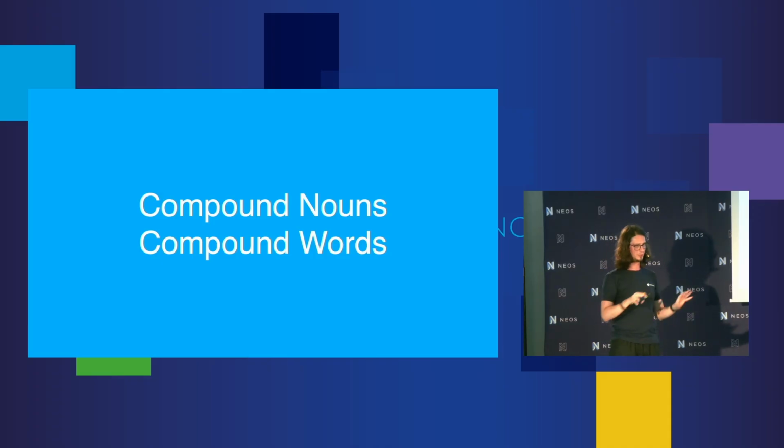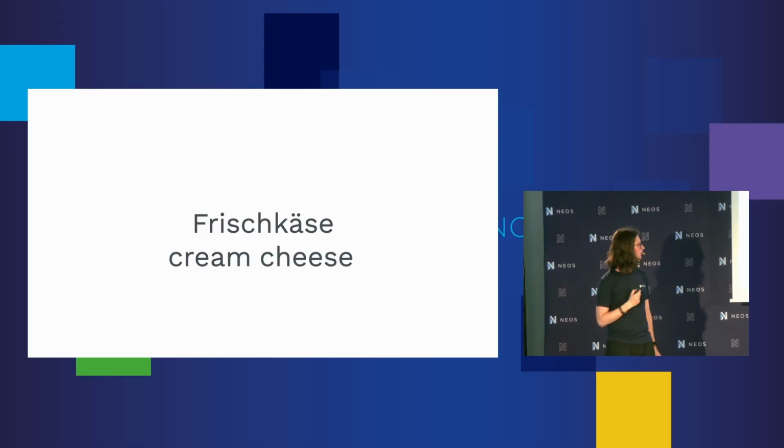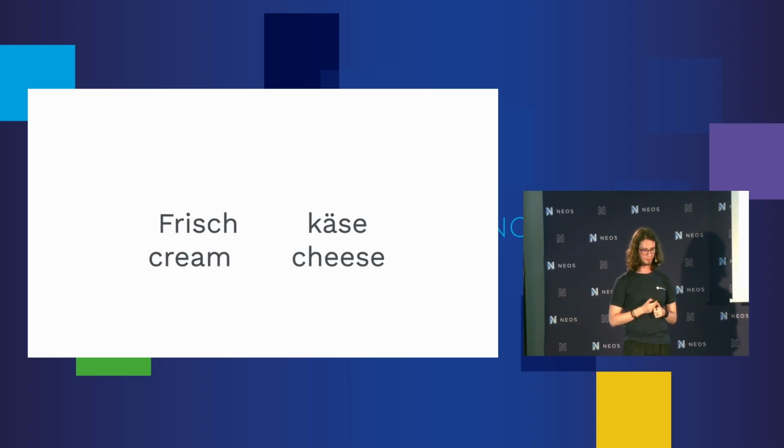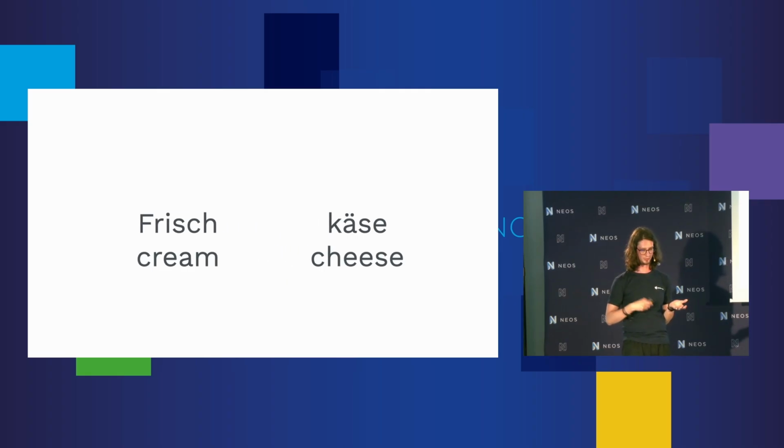But to make my point, I will just choose a small sample. We got in Germany, we got Frischkäse, which translates to cream cheese. This does not sound like a problem yet. Well, like I said, Frischkäse consists of two words, the words frisch and the word Käse, fresh cheese. Still no problem?